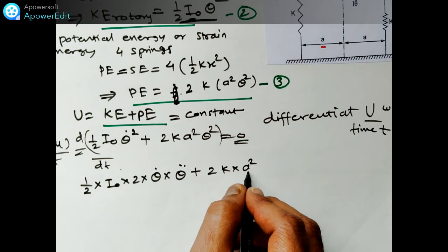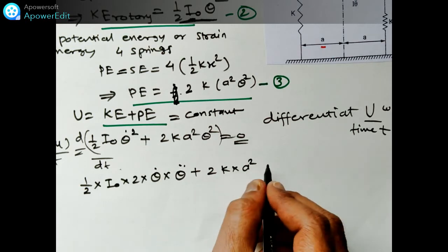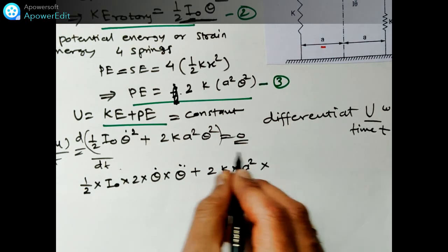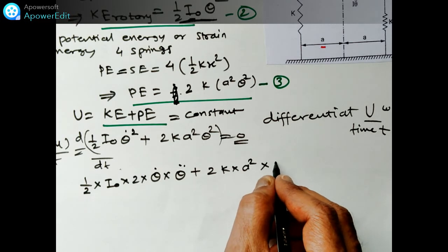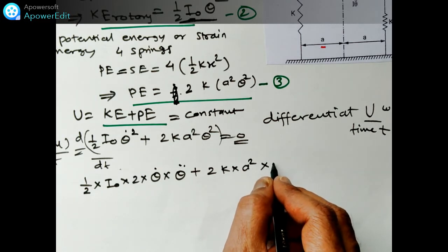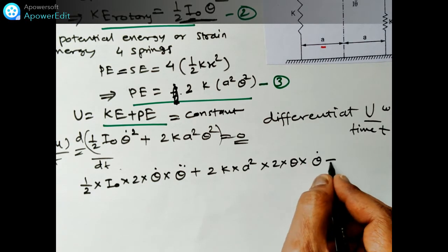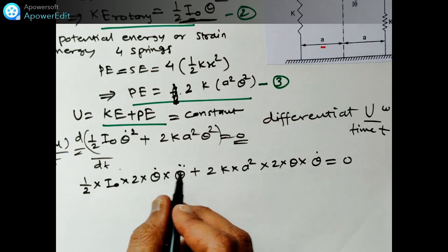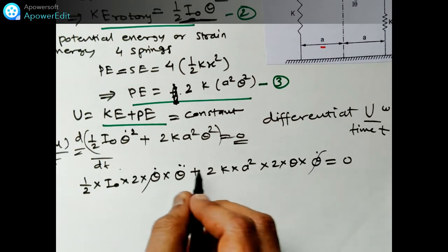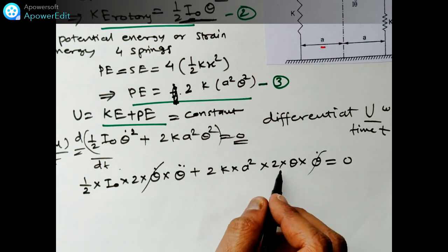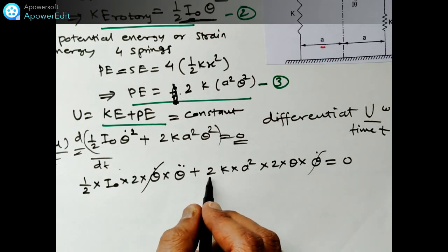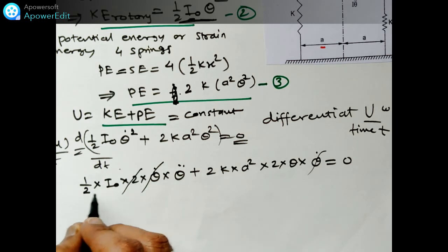A, k and 2 are constants. Differentiation of theta square becomes 2 into theta dot, equal to 0. This theta dot will get cancelled. 2 into 2 is 4, and the 2 into 2 will get cancelled.